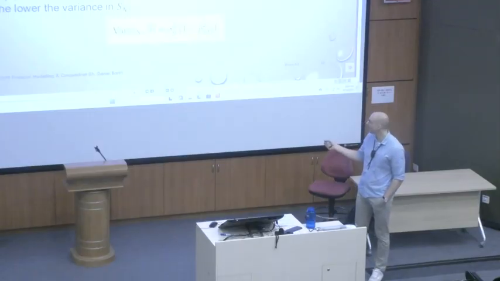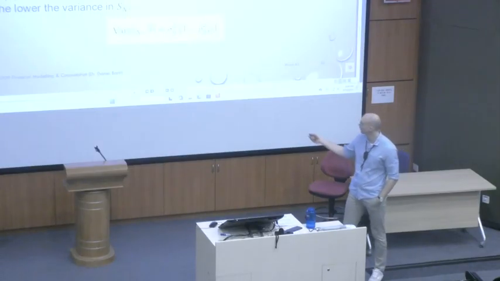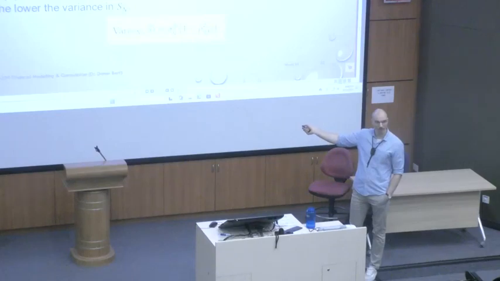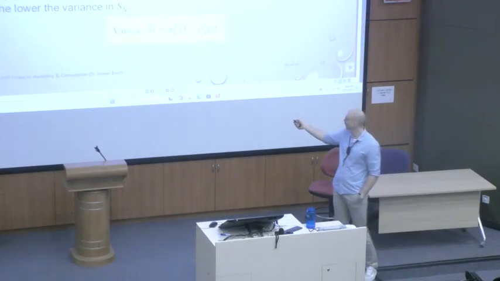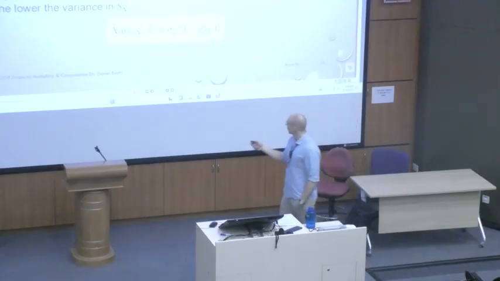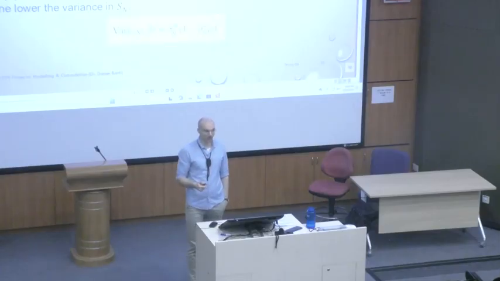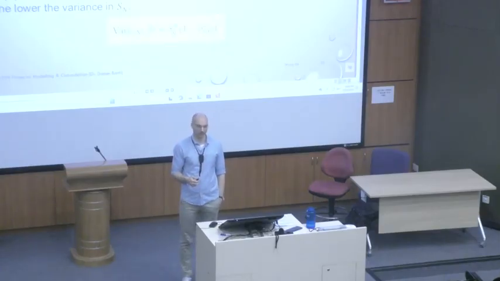And the higher this correlation, the correlation or covariance, I don't know, of G and C, probably correlation, the higher the number, or the closer to 1, the smaller the variance to expect.